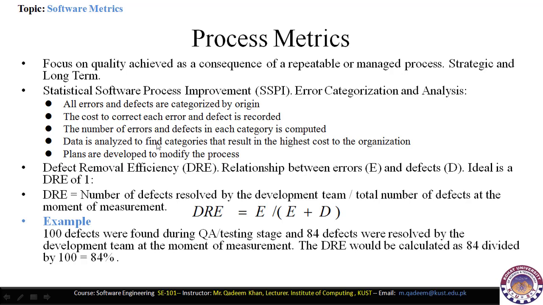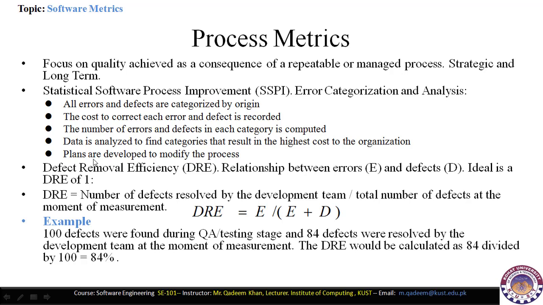Data is analyzed to find categories that result in the highest cost to the organization. So here we will identify the highest costs that will occur to correct these errors and defects, and we will document these costs in the form of data.